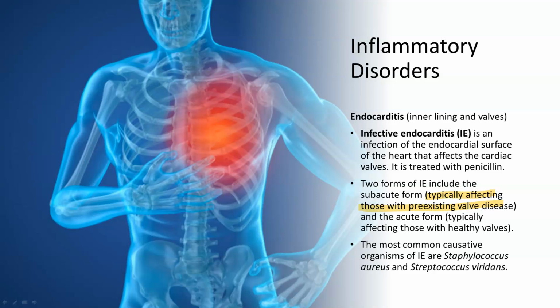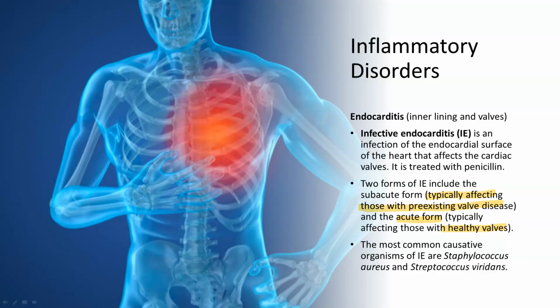The acute form is generally just with people who have healthy valves. So once we get these inflammatory disease processes, we're highly likely to get them again if we don't do the things that we're supposed to be doing.